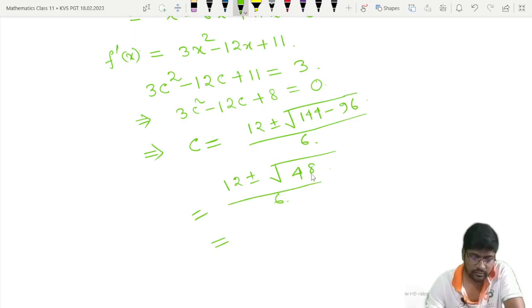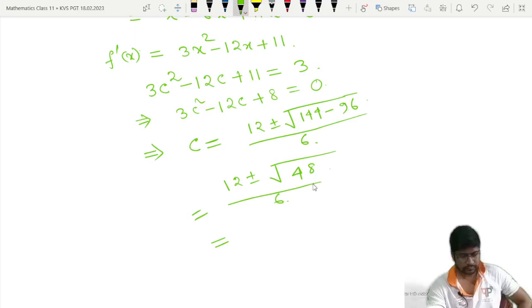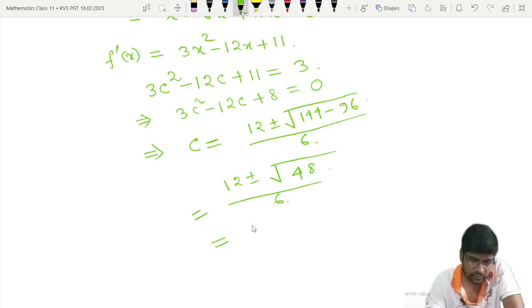12 and 48. 48 means 16 into 3, so 4 root 3. This will be 4 root 3 divided by 6.